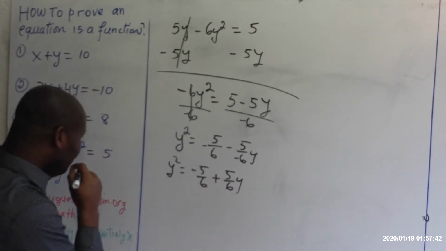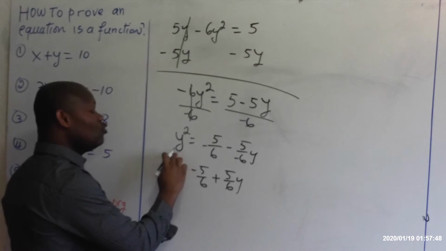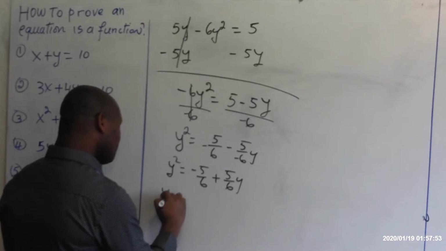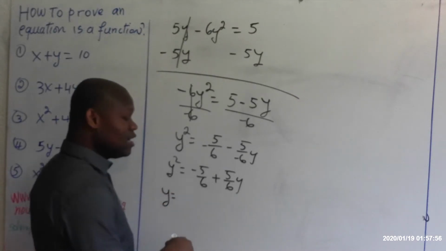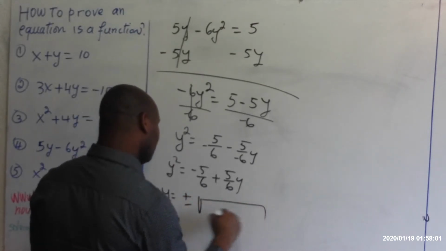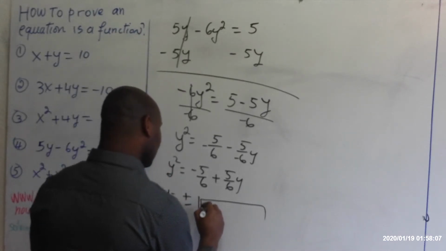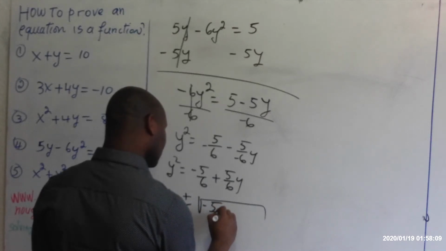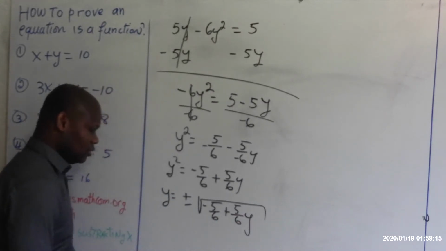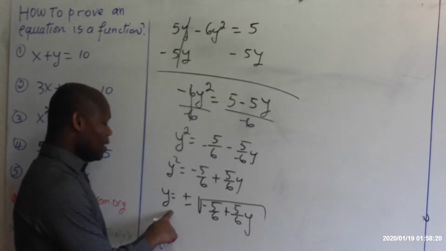We do not finish yet because we have a y squared right here. When we have y squared and we need y, how do we do that? We need to take the square root, then y is going to equal plus or minus the square root. Because there was y squared here, we need to come with the square root. What you can notice is there's not a unique value for y.